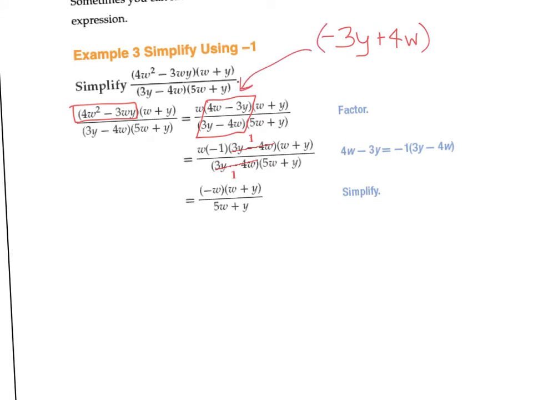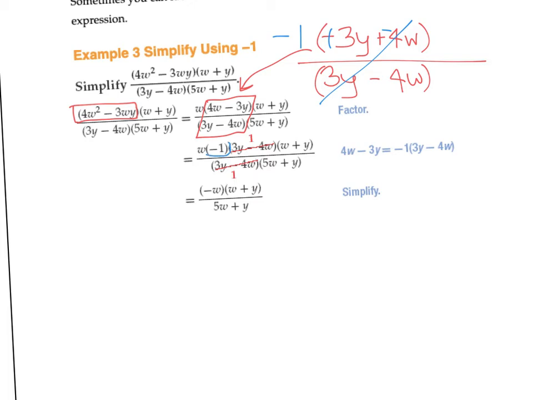I'm just zoning in on this for a second. So now this matches pretty closely to the 3y minus 4w. The only difference is that the signs are opposite. So if we factor out in this top term here, if we factor out a negative 1, all that does is change the signs of both of the terms that we're multiplying it with. So this would then be something that could cancel out.